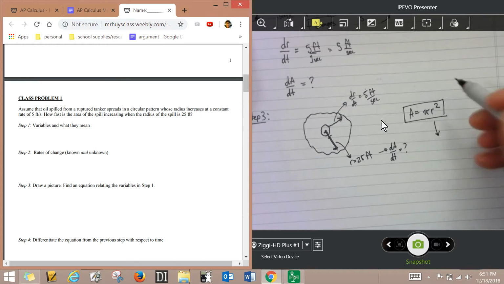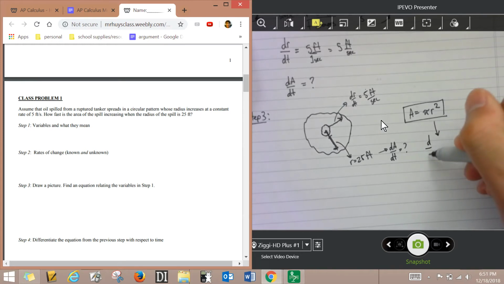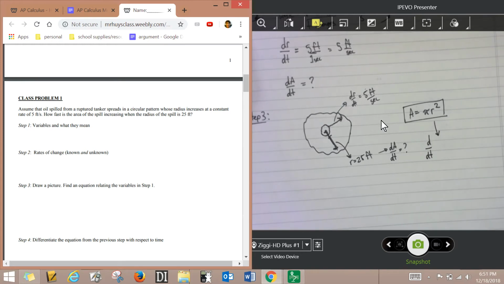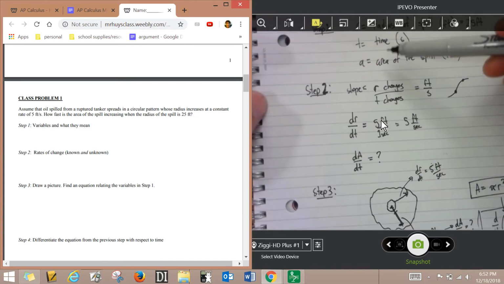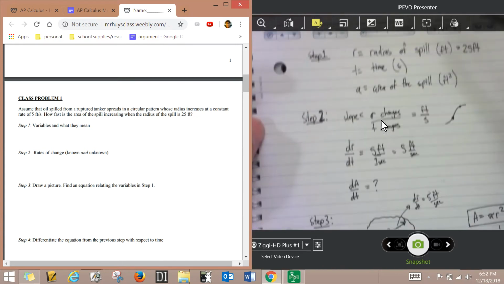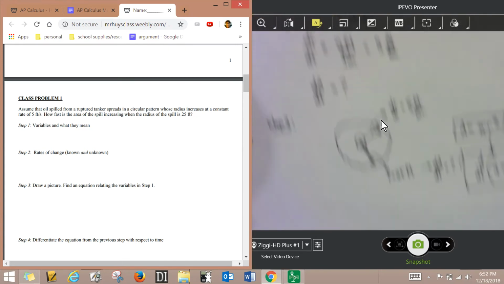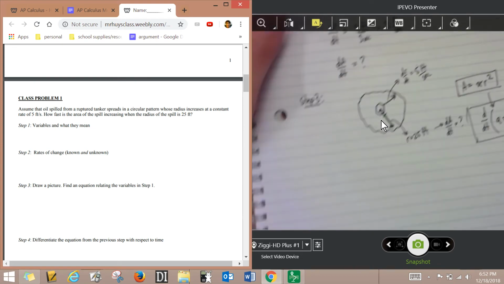So why don't I take the derivative with respect to t of this equation, A equals pi r squared? That actually involves t, the other variable we're looking at. So that leads right into step 4.